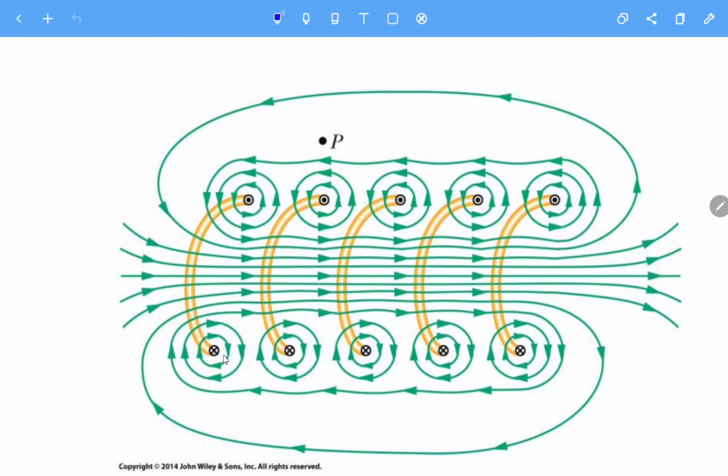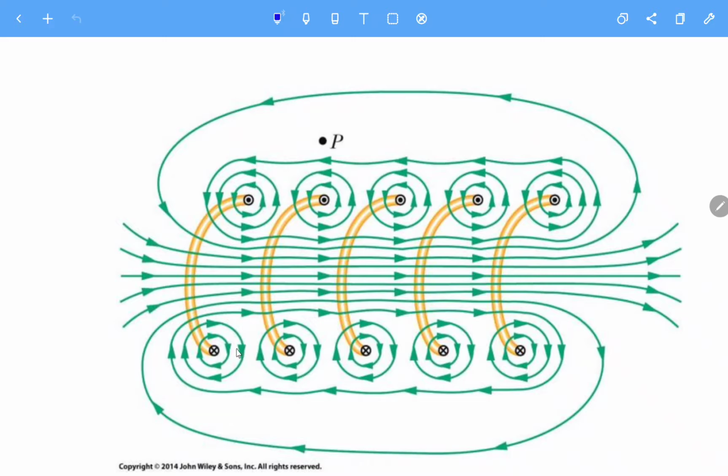Just follow the right hand rule. If you use your thumb to follow the direction of the current, then your forefinger will rotate clockwise. And similarly for this part, the magnetic field also rotates clockwise.